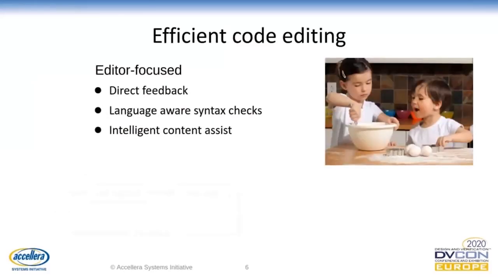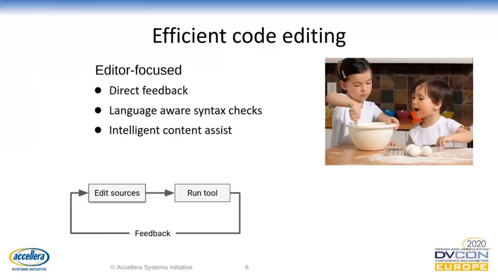In a classic approach, you're editing your source, you're saving your source code, you're running a tool maybe through a makefile and you get feedback from that tool. Then you have to find the cause of an error message that you get. You have to edit the source again and then you run the tool again until you're able to compile your code without errors.